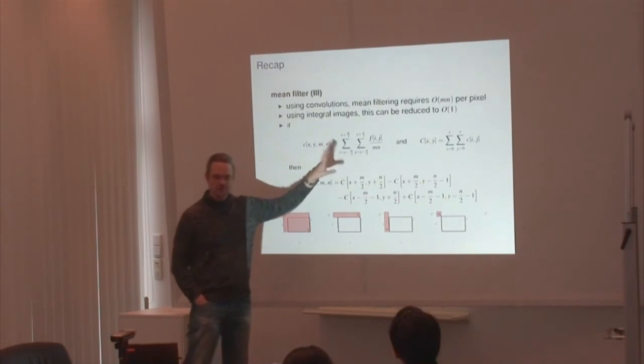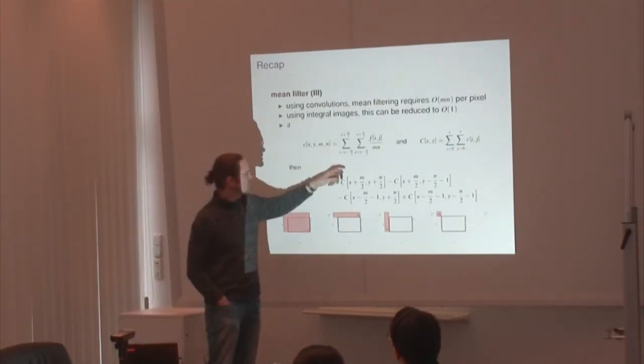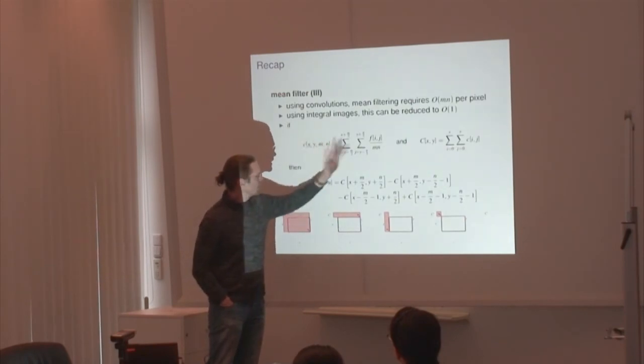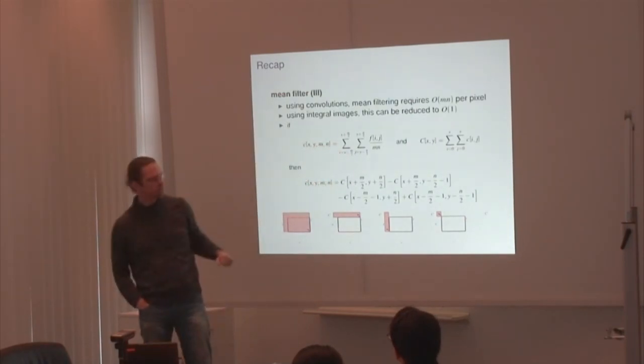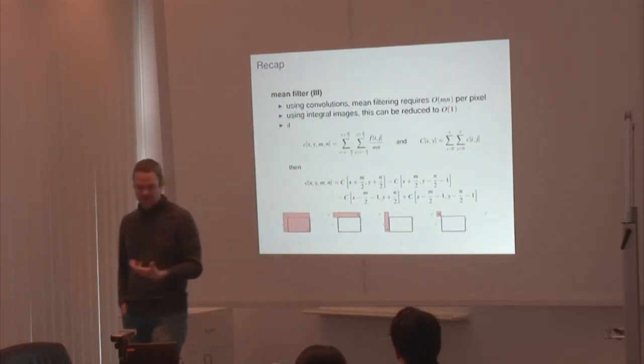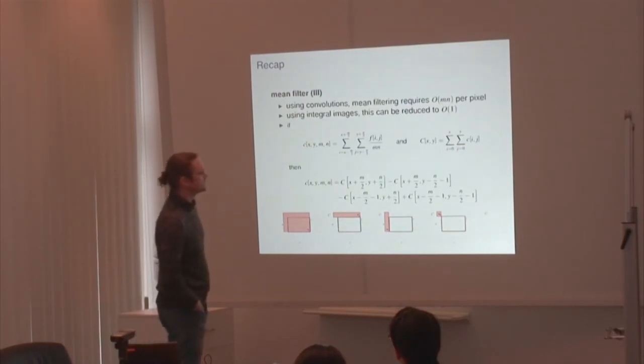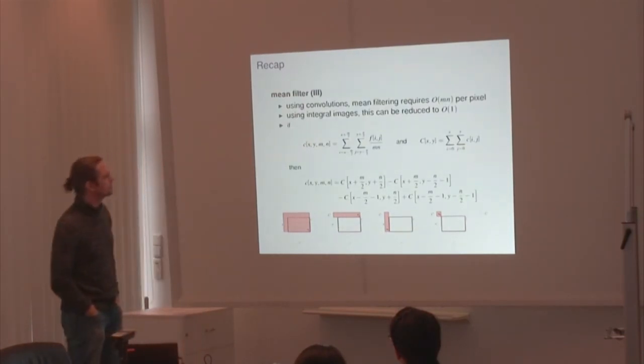This is again just the summation we just saw. This time it makes it explicit that we have columns and rows in the image. But this is again just the computation of the average value within that neighborhood. This is our problem, and that is of complexity m by n if we do it naively.